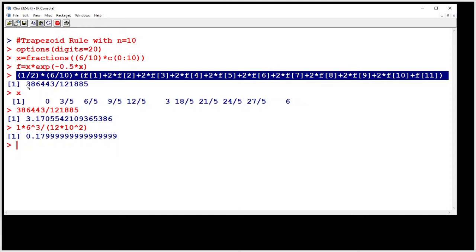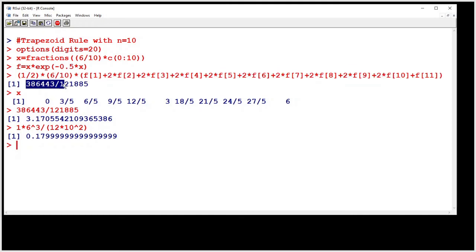The answer to the estimation in fraction is that number. Convert the fraction to a decimal number. The answer to the first part of the question is 3.17 something.